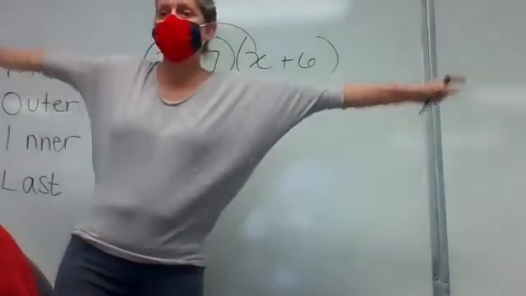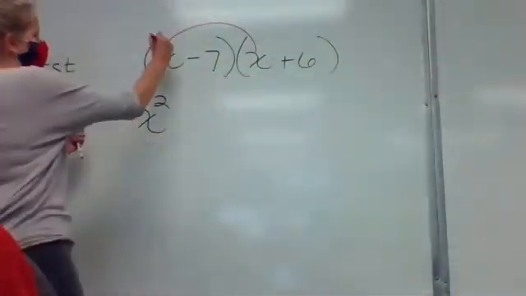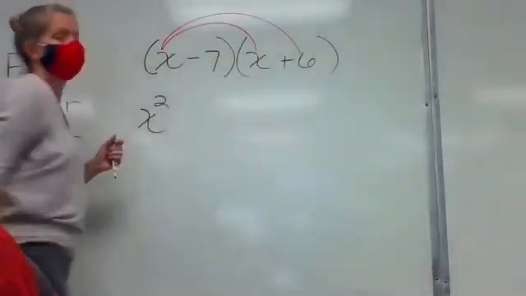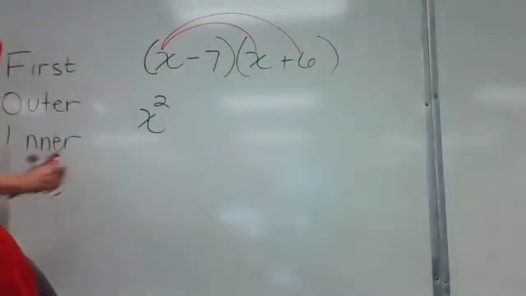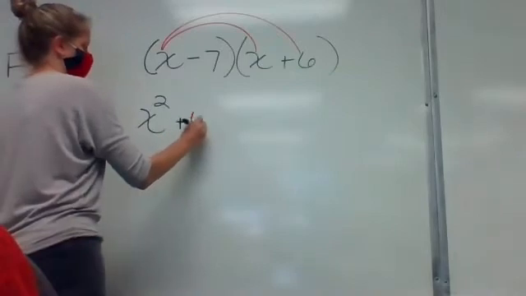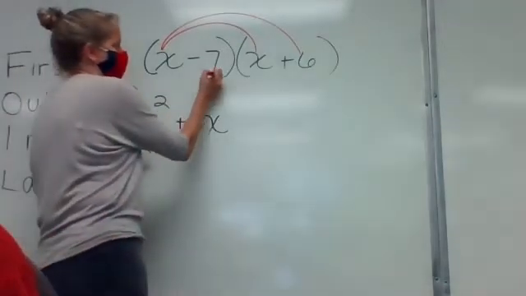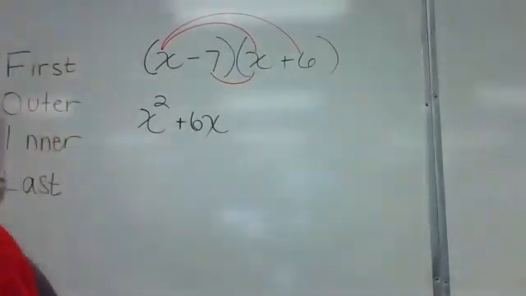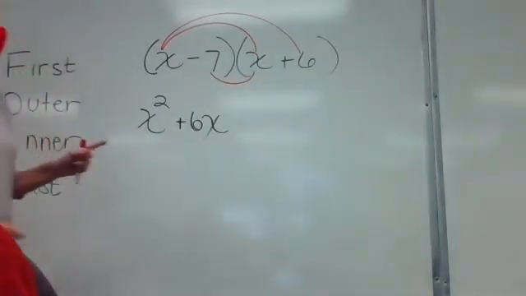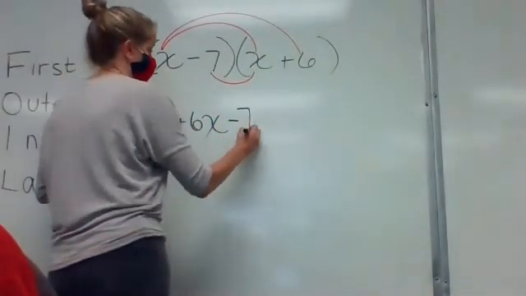All the way outside, which is going to be what? x times 6 is 6x, so positive 6x. What do you do after you do the outer? Then you're going to move to the very inside, which is negative 7 times x, which is negative 7x.